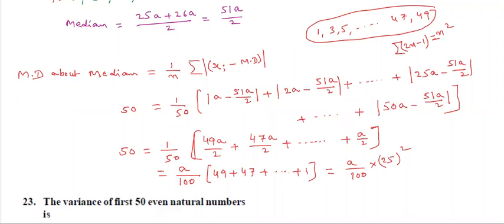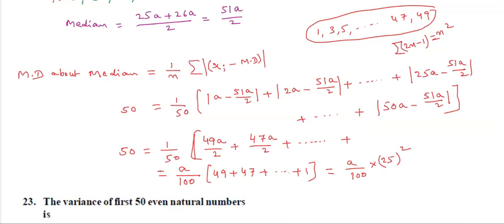Now calculate this. 49a by 2, the last term. One second, students. 2 into 51, 2 fifties are 100, correct. But 2 into 25 is 50. Right. One second, students, there is a little confusion here.